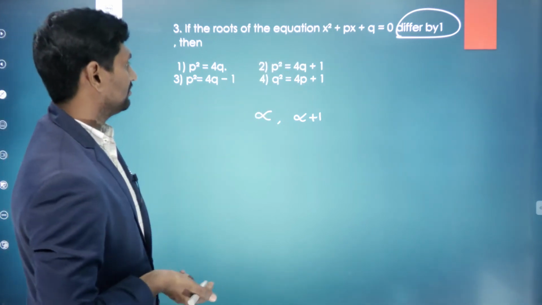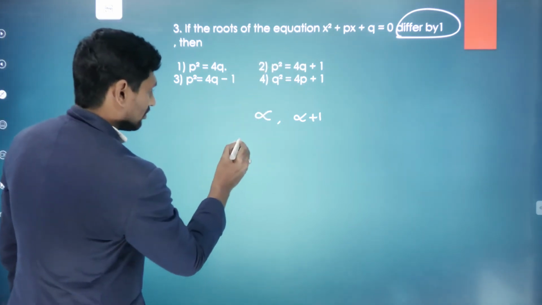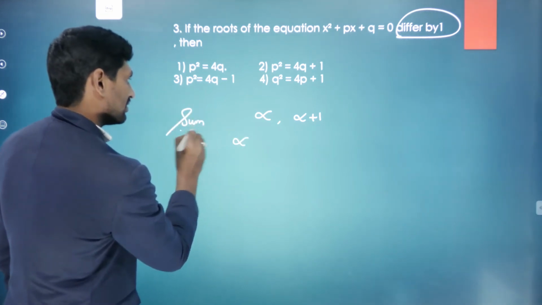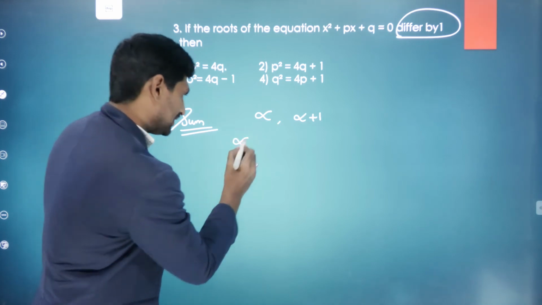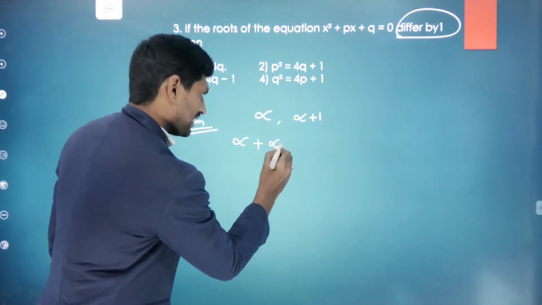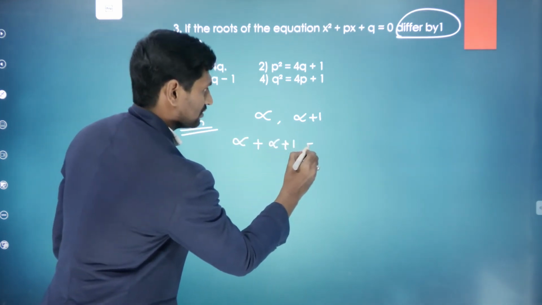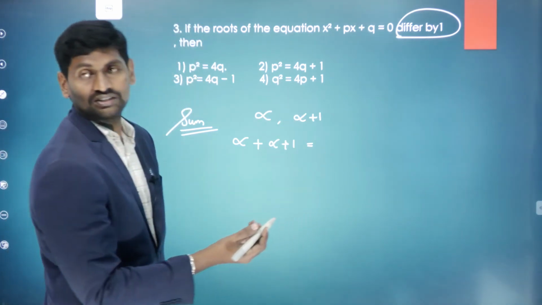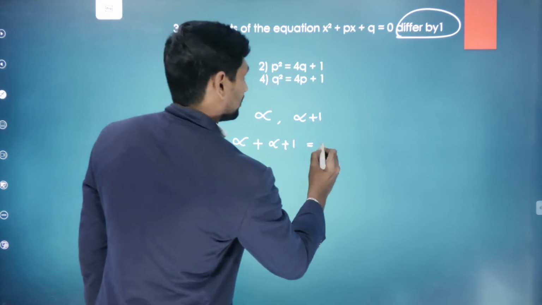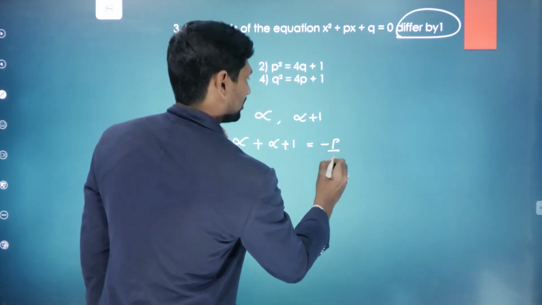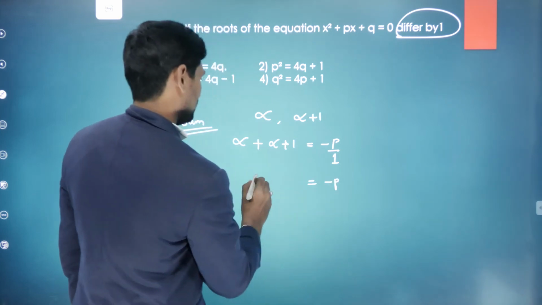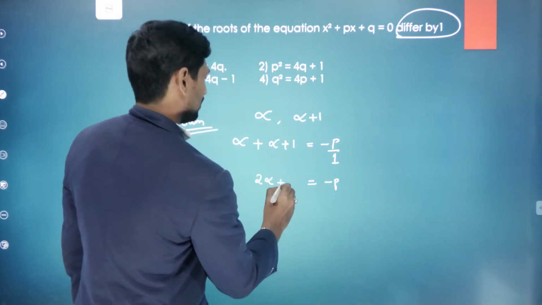According to that, sum of roots, sum we are taking, first root plus second root gives the answer. Sum of roots formula what? Minus b by a, minus p by 1. So, minus p value is 2 alpha plus 1.